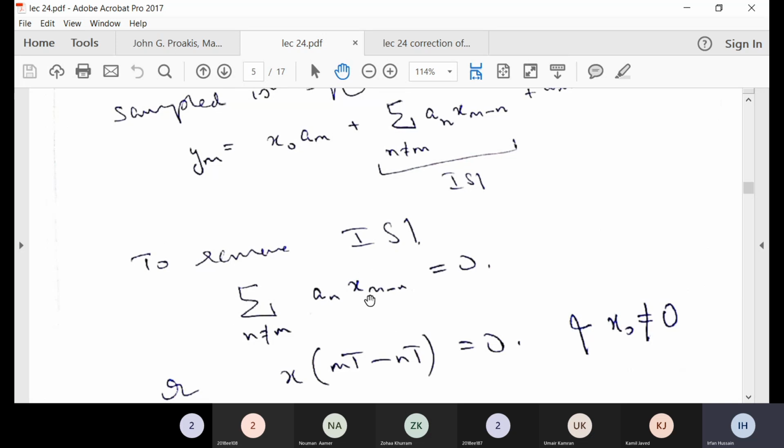This is the total response of the match filter, of the channel, of the transmitting filter. Everything is included here. We would like to have this equal to 0 for all those values where this factor is not 0, because for x_0 we need it to be non-zero, but for all other values where this bracket is not 0, we would require the overall function to be 0.